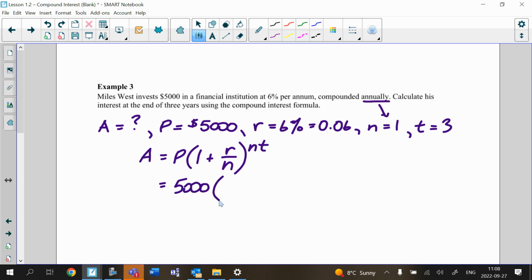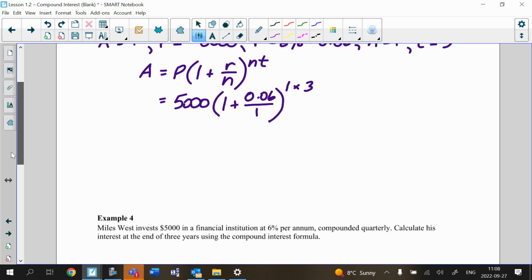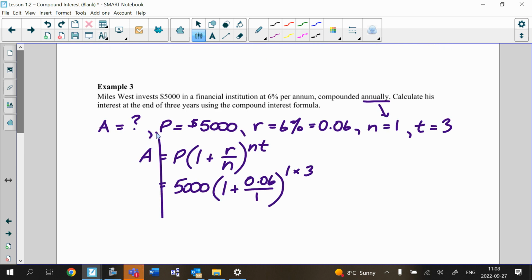Okay, so this is where you've got to be careful with the order that you do things. We're going to do inside the parentheses first. 0.06 divided by 1 is 0.06, plus 1 is 1.06.